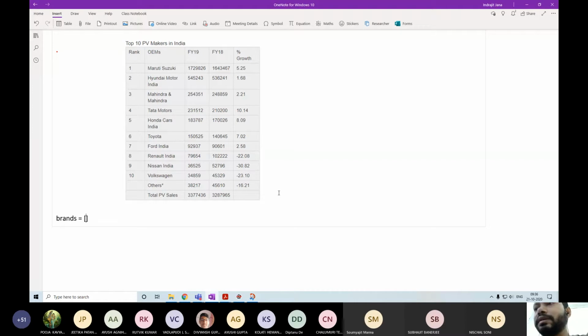Okay, so we have Maruti. And Hyundai. Mahindra. Tata. Honda. Toyota.